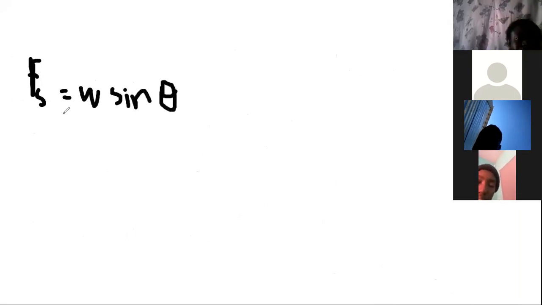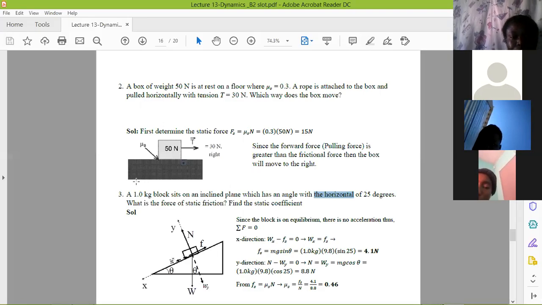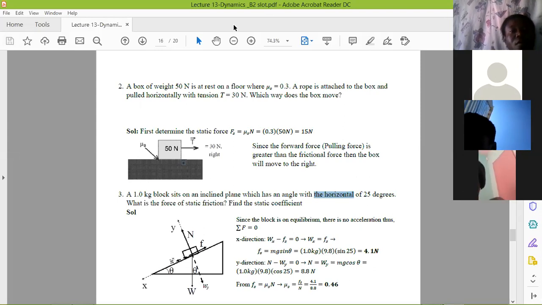So we know what our weight is. We can calculate it. We are given a mass of 1. We know the gravitational acceleration, and we know what the angle is. So by doing that, we get that our static force is equal to 4.1.